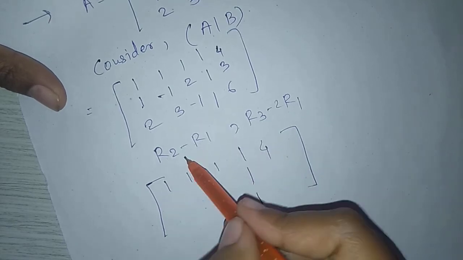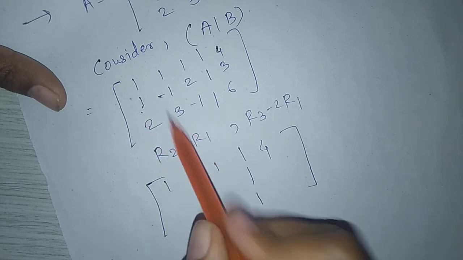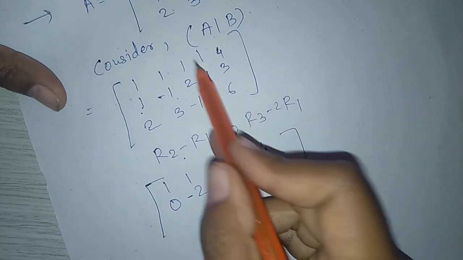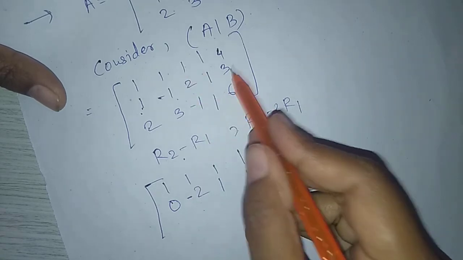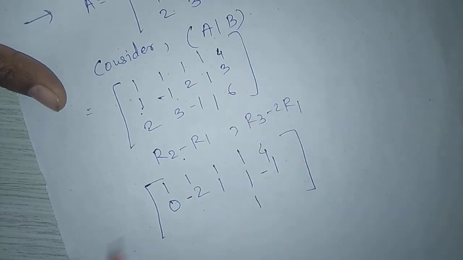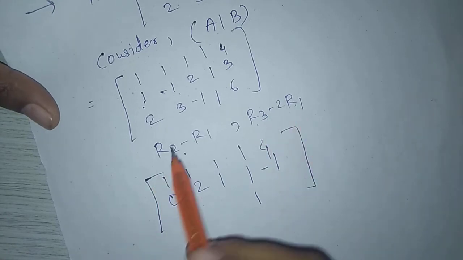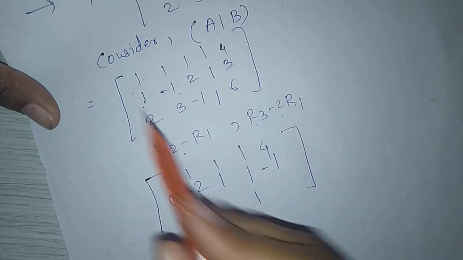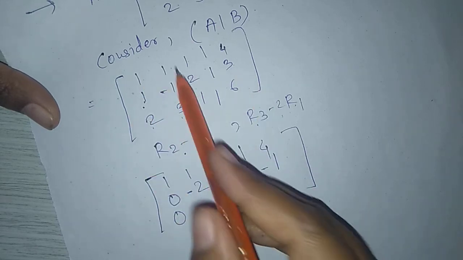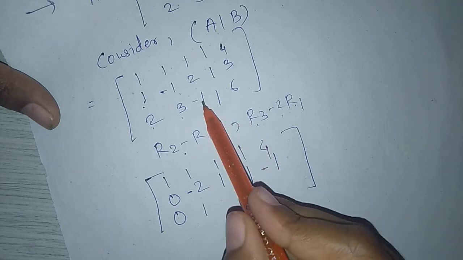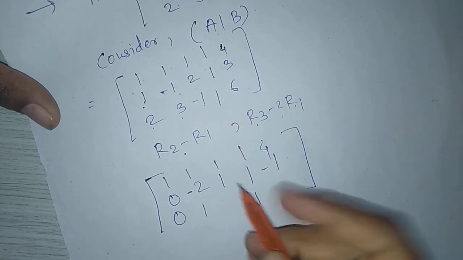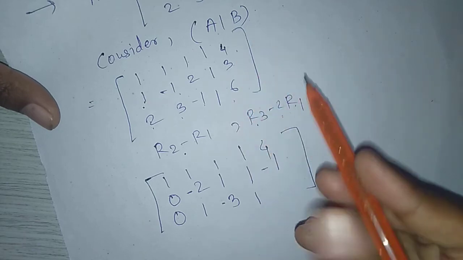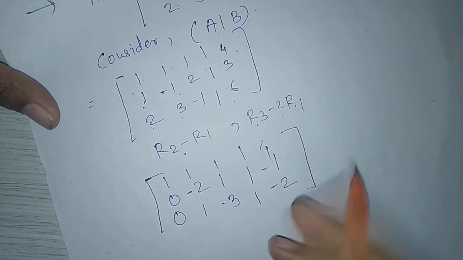The second row becomes 0, minus 2, 1, minus 1. The third row becomes 0, 1, minus 3, minus 2.